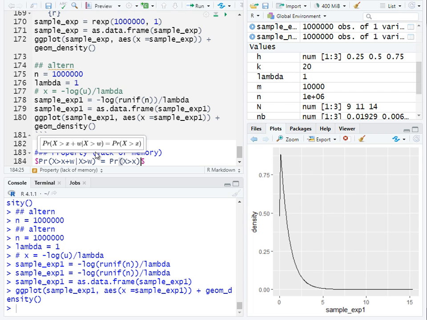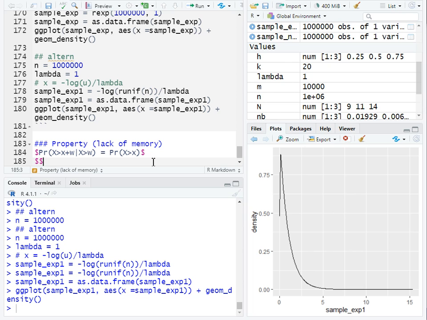We can express this lack of memory property as X minus w given that X is larger than w is almost X, with the triple equality sign, and we will consider this not as equal to, but as having the same distribution as.